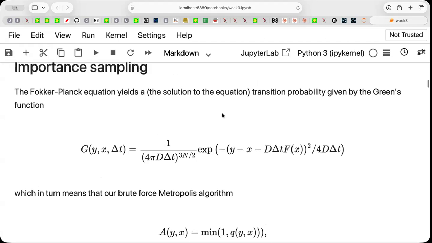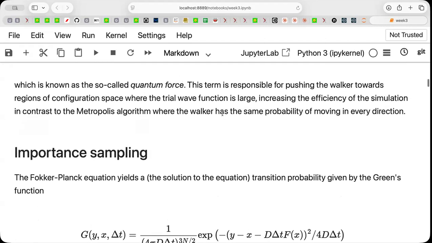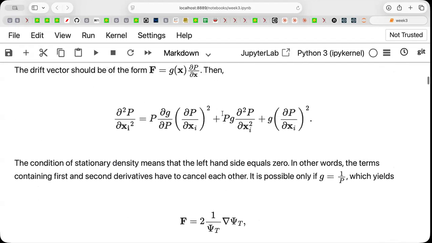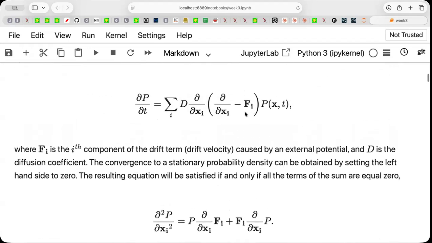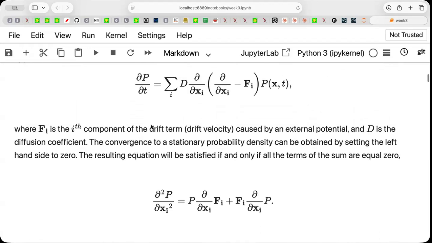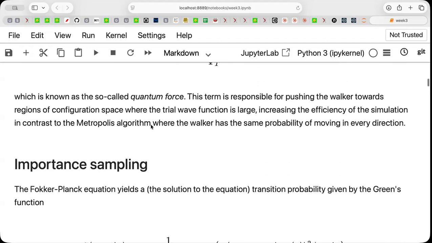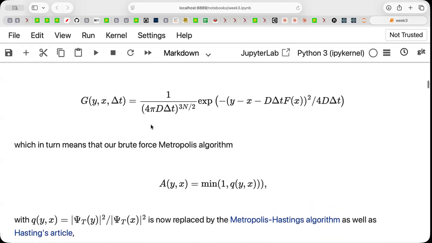For those of you who have studied these types of equations and are somewhat familiar with Green's functions, you may know that if I take away the drift term in the diffusion equation, I actually have a solution for the probability of moving from x to y in terms of the unperturbed Green's function.